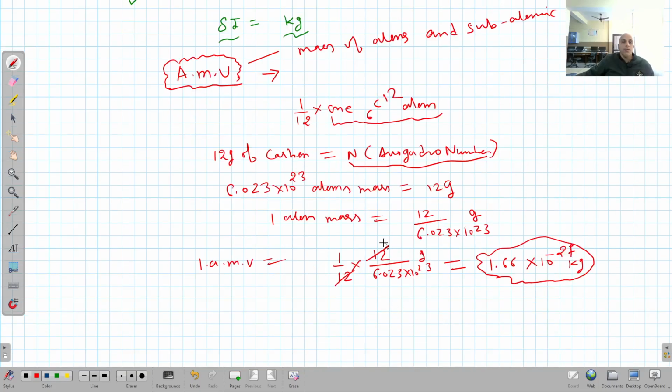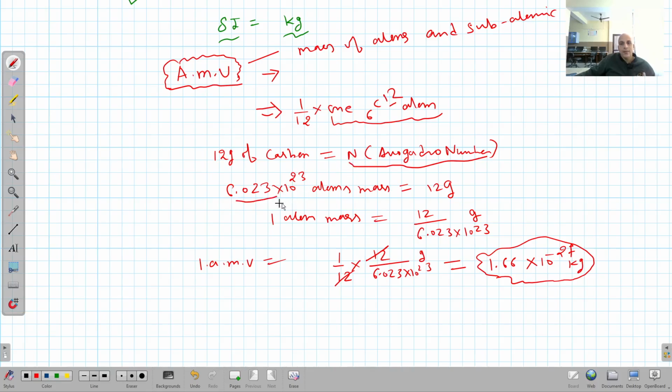Clear? How we calculated it? We calculated it from its definition, which we have defined: it is equal to 1/12 of the mass of one carbon 12 atom. According to Avogadro's hypothesis, 12 gram of carbon will contain a number of atoms or nuclei equal to N, with this value.